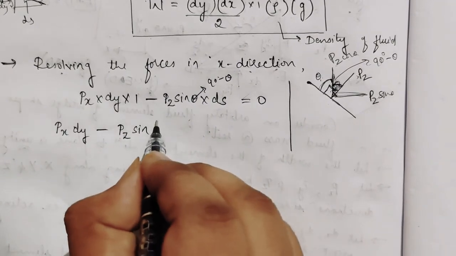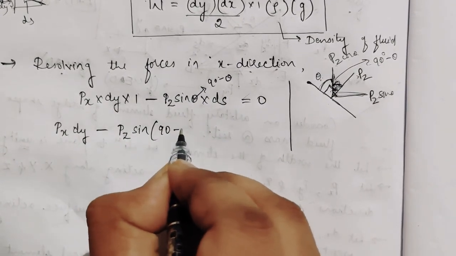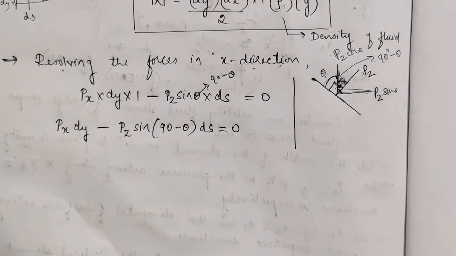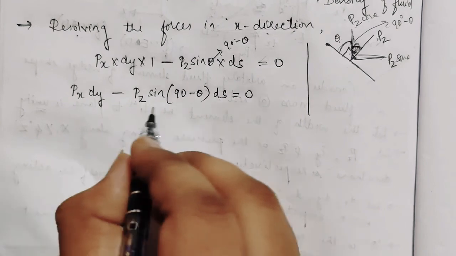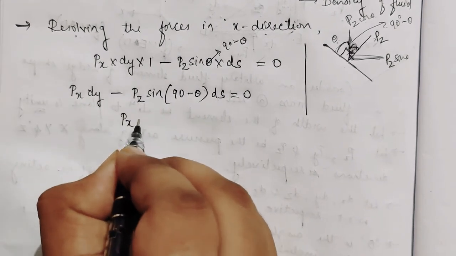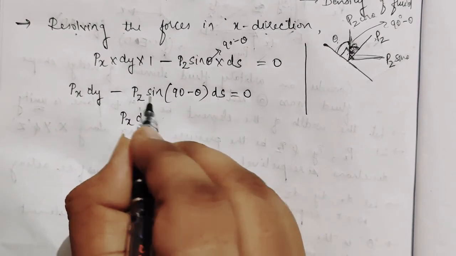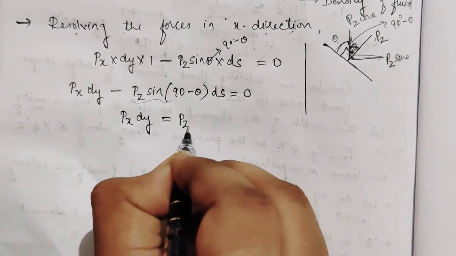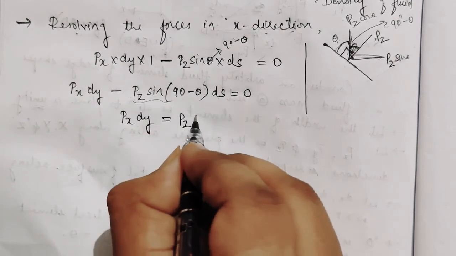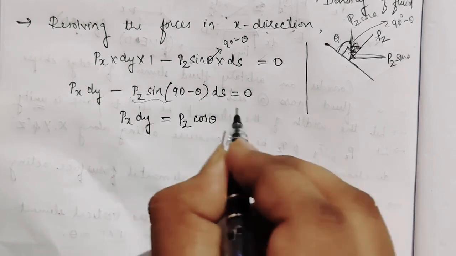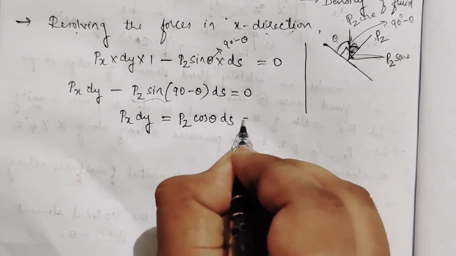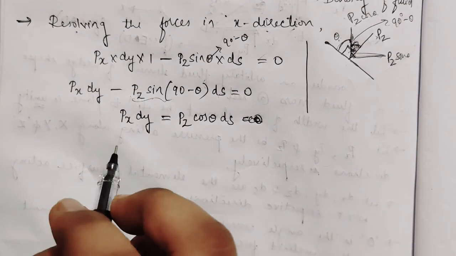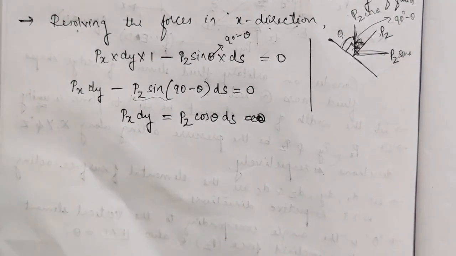Every term is very important: sine of 90 minus theta into ds is equal to 0. Next, px into dy, I'll send this term to that side, pz times sine of 90 minus theta, which is nothing but cos theta into ds, is equal to 0. That's it.